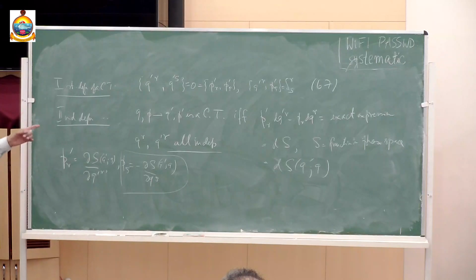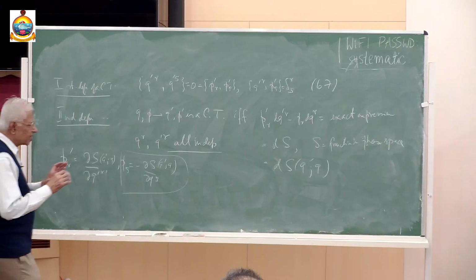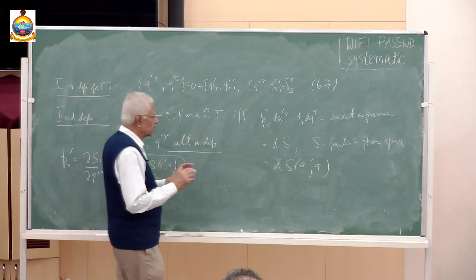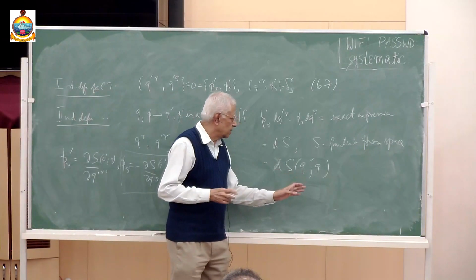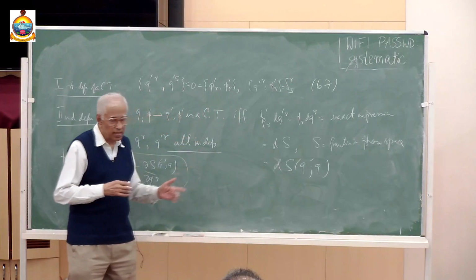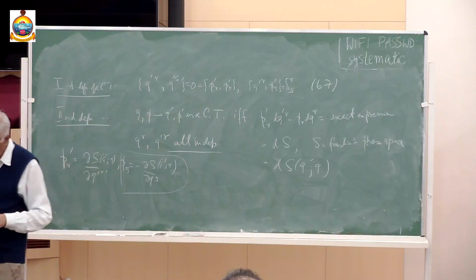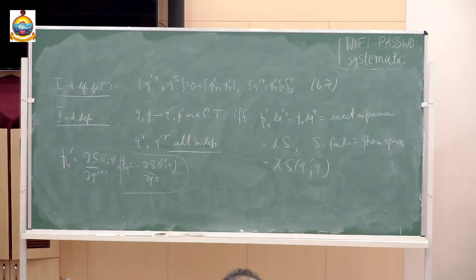So the beauty of this second definition is that for certain canonical transformations, you have an explicit, not explicit, I think, what is it? No, implicit, I suppose. You have a way of describing an actual canonical transformation.